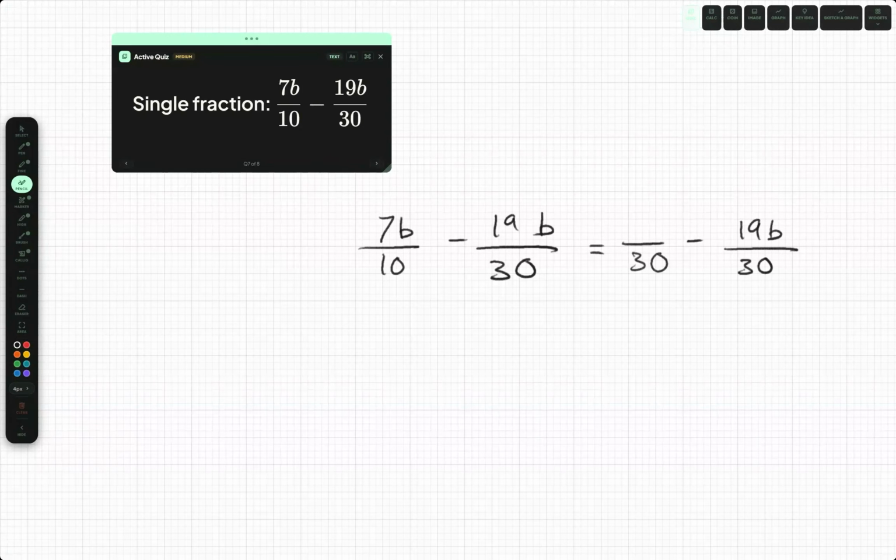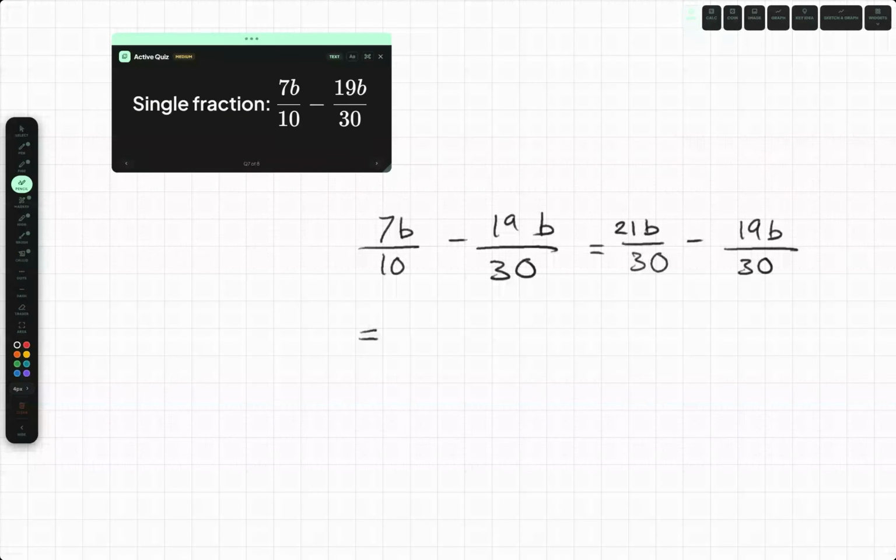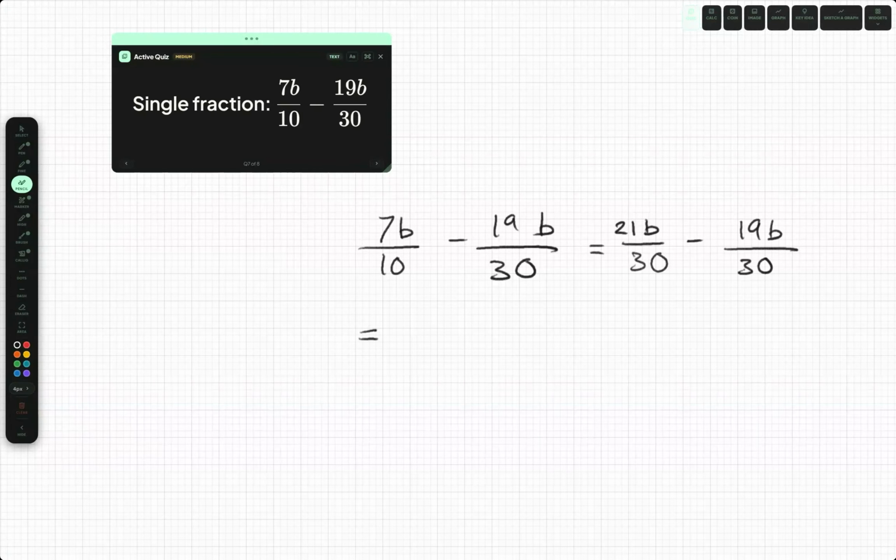We know 10 and 30 have a common multiple. We've multiplied the 10 by 3 to get 30, so we multiply the 7b by 3, and 7b times 3 is 21b. Now we have 21b minus 19b all over 30.